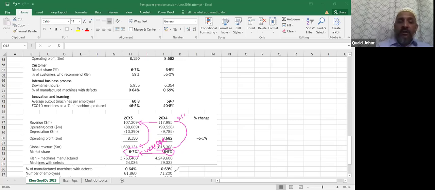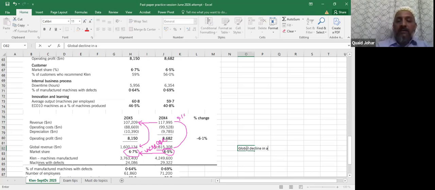And secondly, let's compute this ratio, that what has happened globally, the global decline in sales. So if we calculate global decline in sales, 1,815,308 was the sales in 2004, and now it is 1,600,134 million.